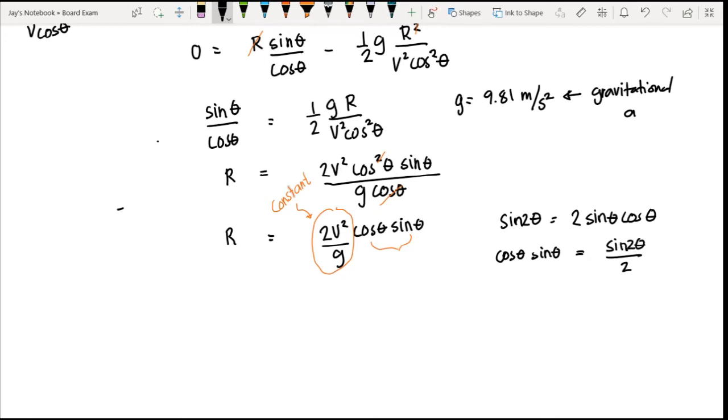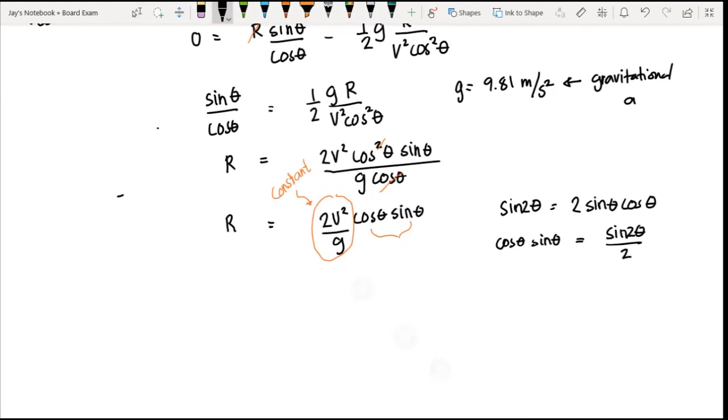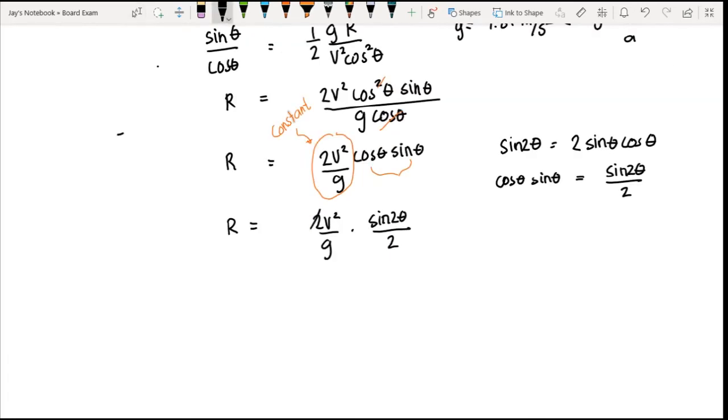Correct? So we can express this equation as r equals 2v squared over g times sine 2 theta over 2. So we can cancel out 2 here. So that means our new equation is r is equal to v squared over g sine 2 theta.